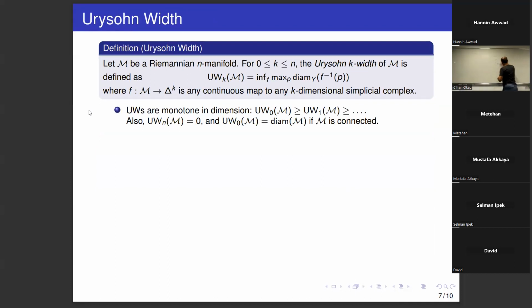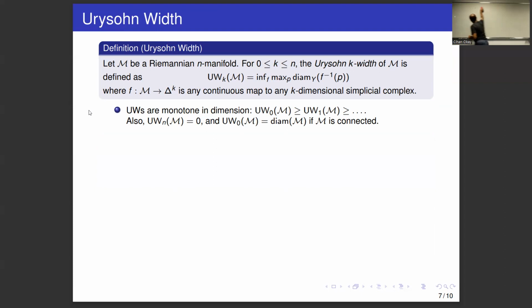Urysohn width basically does the following. You give me an n-manifold, let's say a 2-manifold, let's call this S. I'm going to talk about the one-Urysohn width of this manifold.